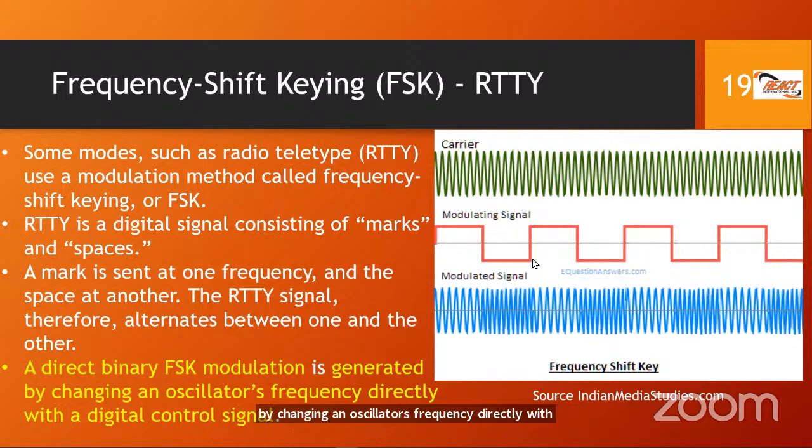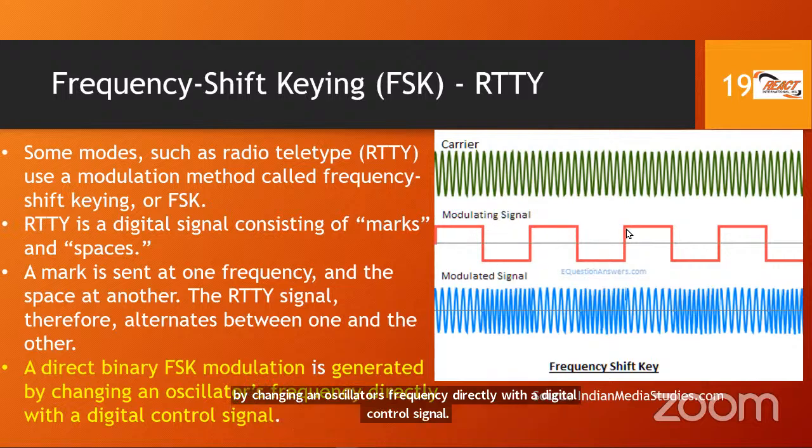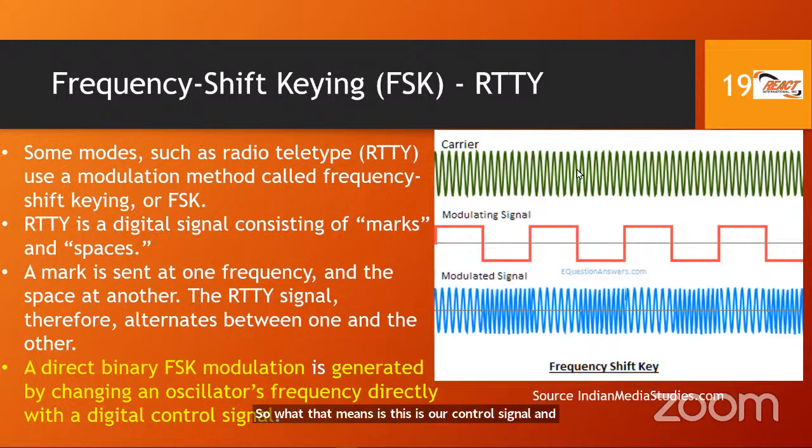What that means is this is our digital control signal, and in the circuitry that generates the carrier as well as applies the modulating signal, the modulating signal goes to the oscillator, and that is what shifts the frequency between this frequency and the other frequency. That is how it actually operates, and this is in fact an exam question. So be familiar with this concept. You use a direct digital control signal to change or modulate the frequency in an FSK transmission.